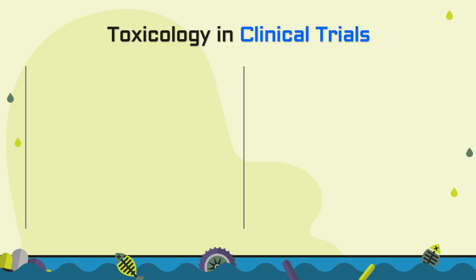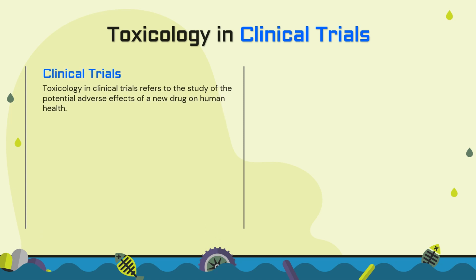Now finally coming to toxicology in clinical trial. Now in terms of clinical trial, where toxicology comes into picture. In clinical trial, toxicology refers to study of potential adverse effect of a new drug on human health.